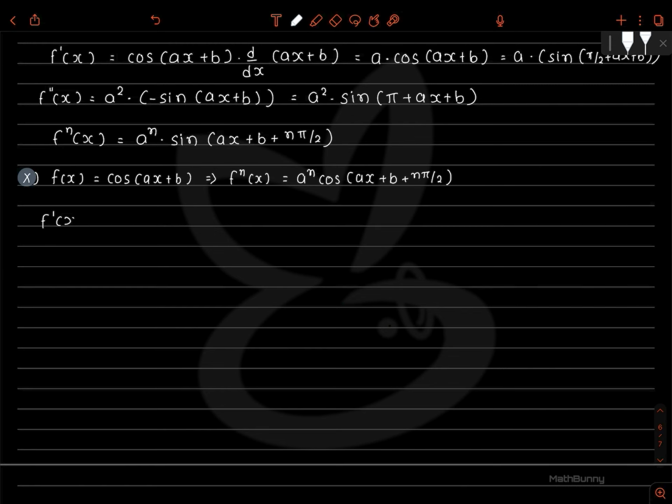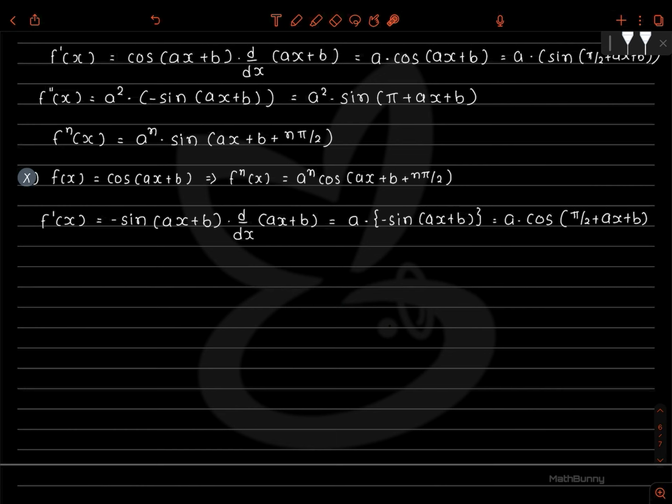F dash x would be equal to minus sin(ax + b) into d by dx of (ax + b), which is a into minus sin(ax + b), which is nothing but a into cos(pi by 2 + ax + b).